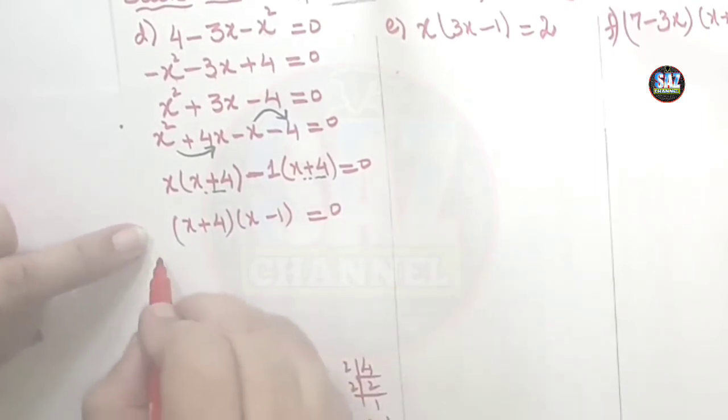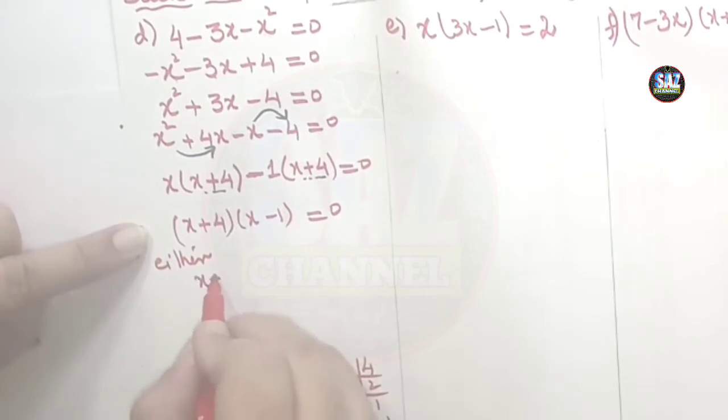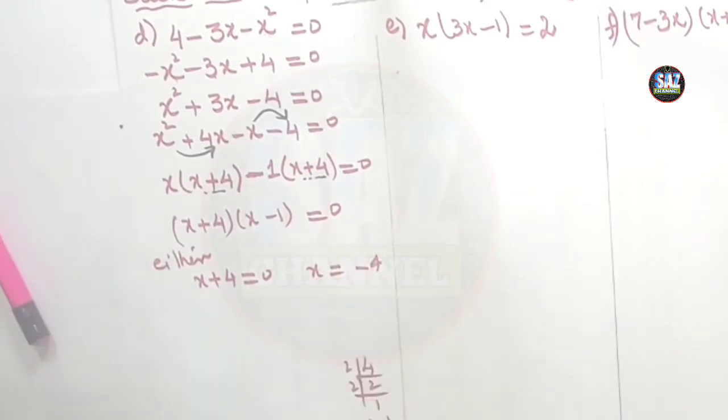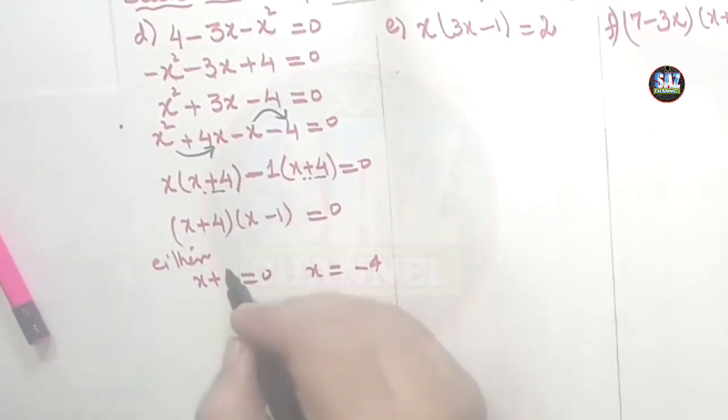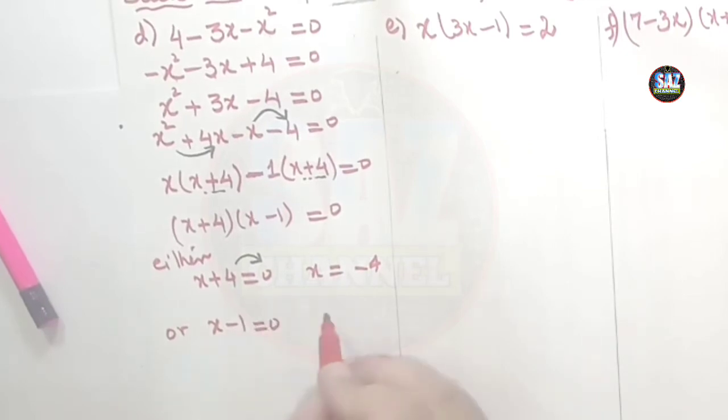Now in order to get the solution, either x plus 4 equals to 0, this will give me x equals to minus 4. Shift 4 to other side by changing the sign. Or the other solution, x minus 1 equals to 0, and this will give me x equals to 1.